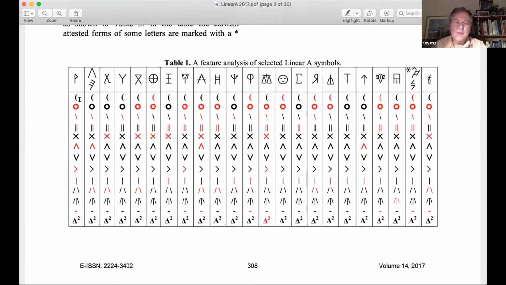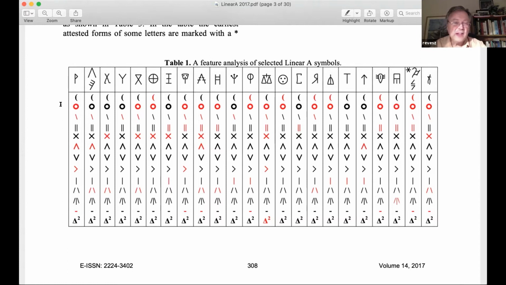So the first feature, which I indicated with the first half parenthesis, is whether it has a curved line. This symbol doesn't have a curved line in it. The second one is whether it has an enclosed region. Of course, it has an enclosed region.